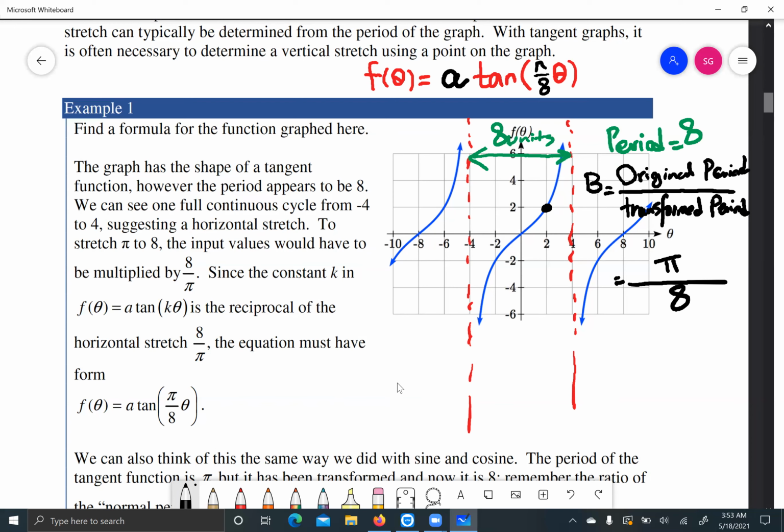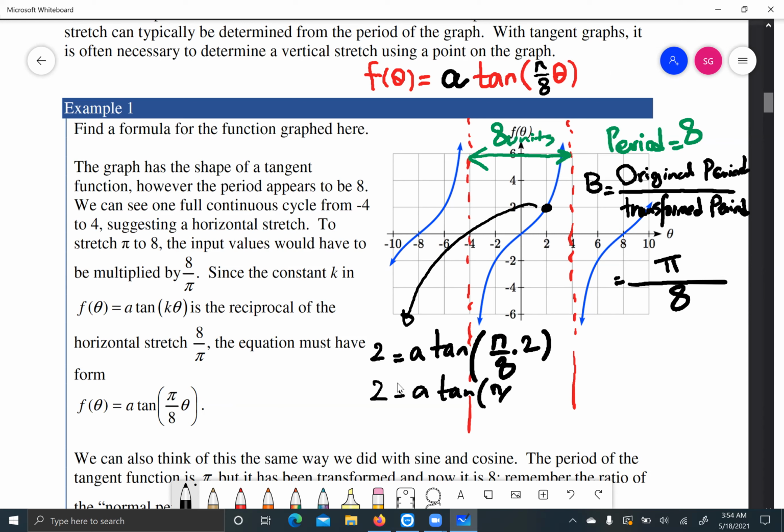So substitute 2 and 2 here. It's going to be 2 equals A tangent of pi over 8 times 2, right? So this is going to be 2 equals A tangent of pi over 4.